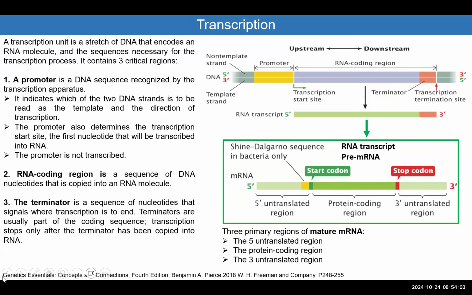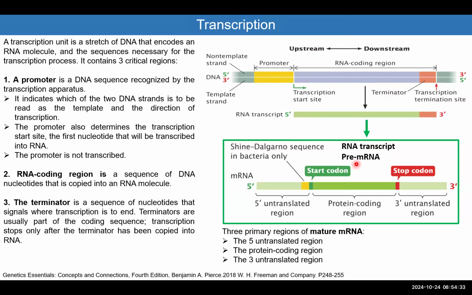So if we look closer at the RNA transcript, if this is the RNA from the start initiation site of the transcription to the termination site of the transcription, not all of that is going to be used for generating a protein.